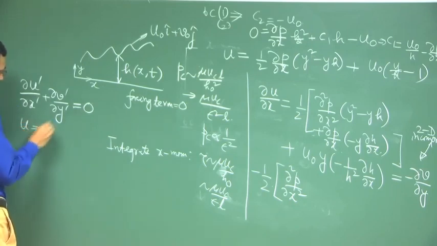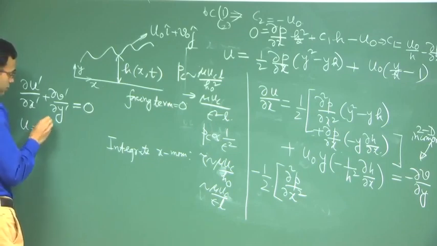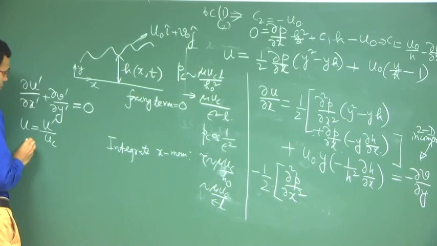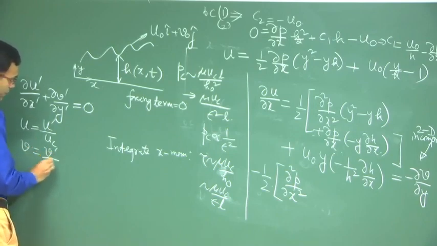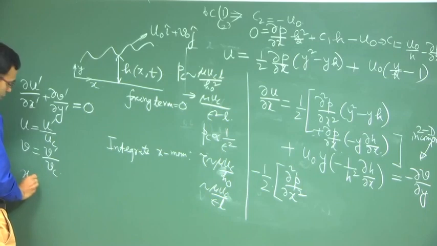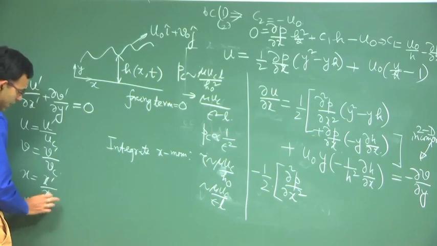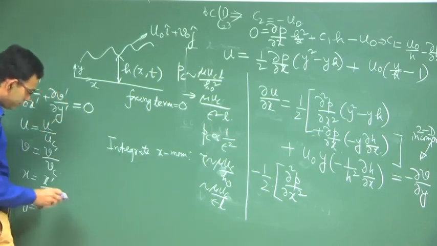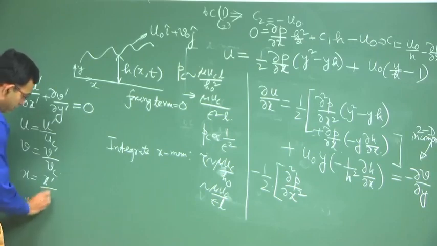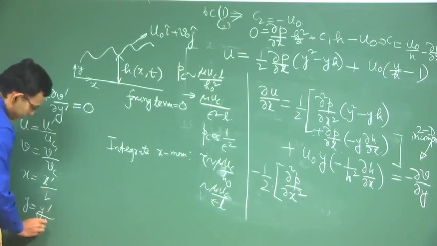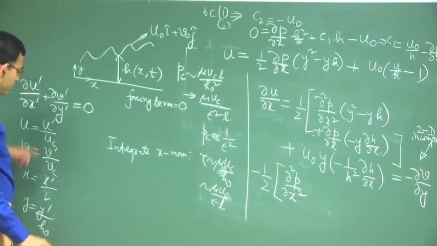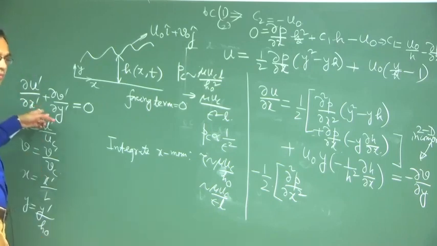So u is equal to u dash by u c, v is equal to v dash by v c, x is equal to x dash by x c, where x c is L, and y is equal to y dash by h naught. u c and v c are chosen to satisfy this equation, right.